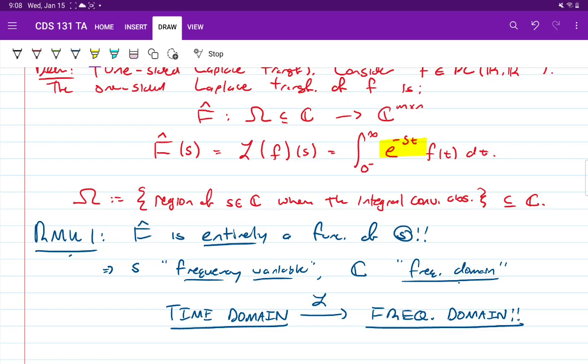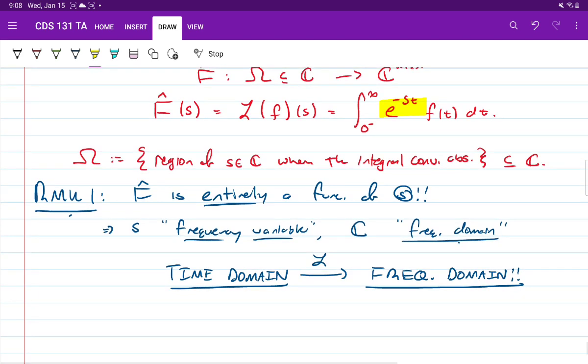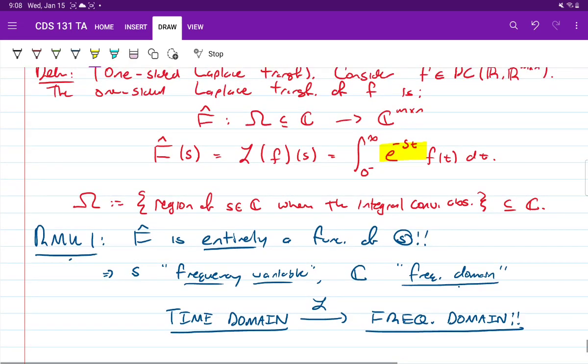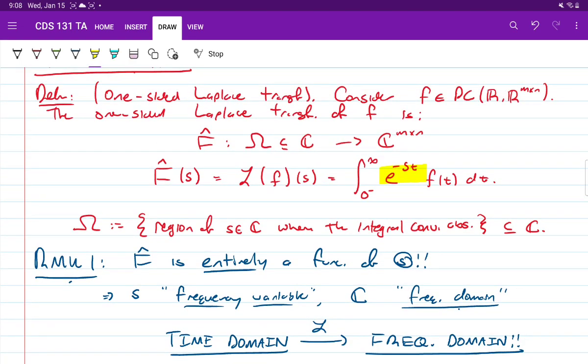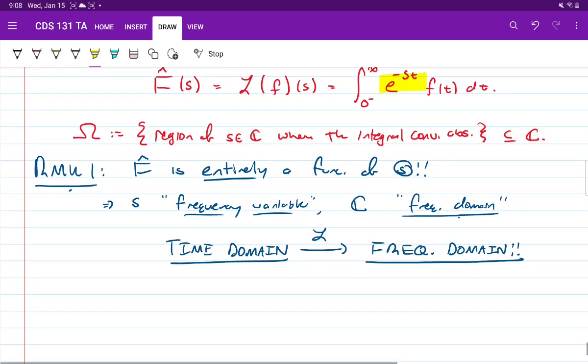We'll talk about a more fundamental relationship between s and frequency later in the course when we talk about frequency response. Those are a couple of basic remarks about this one-sided Laplace transform. It takes us from a function of time, f, to a function of frequency, f hat. By convention, if we're given a lowercase letter for our signal, we write its Laplace transform as an uppercase letter with a hat.